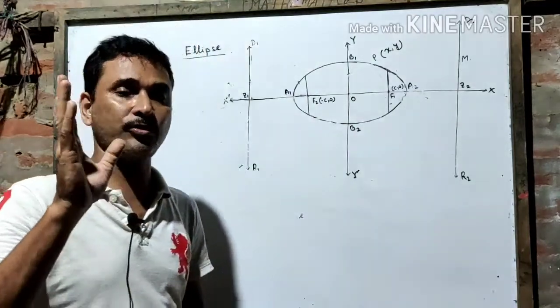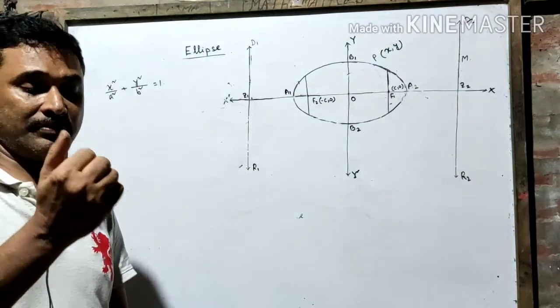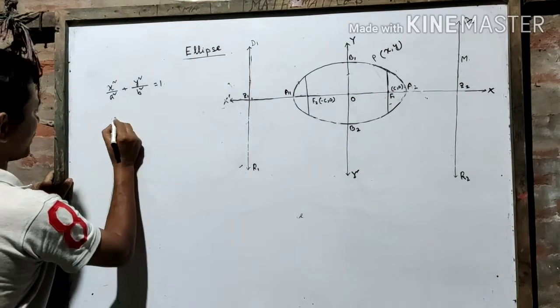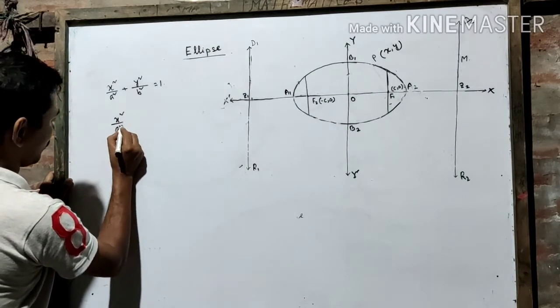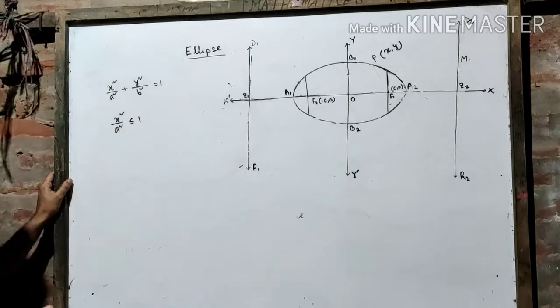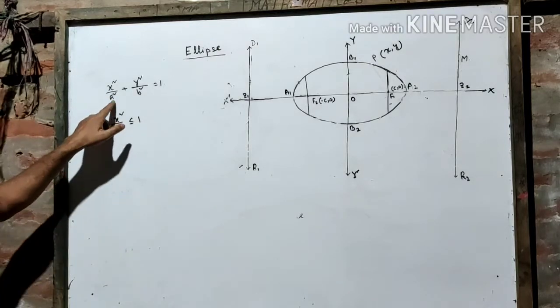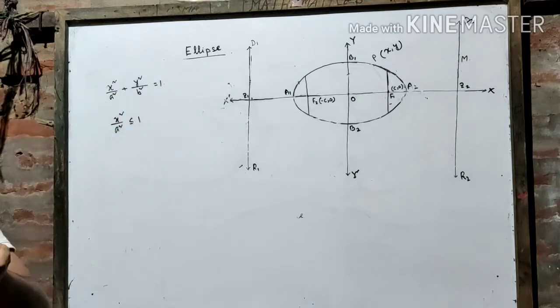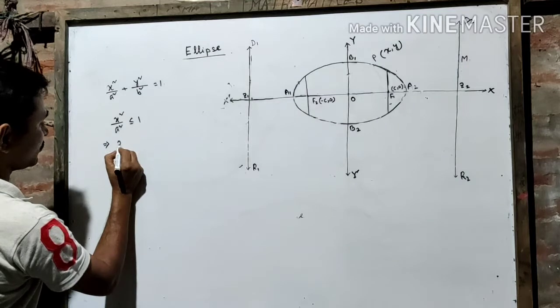Their maximum value will be 1 and their minimum value will be 0. So we can say that x square by a square is less than or equal to 1. Do you understand this? Both are non-negative quantities and their sum is 1, so both of them must be less than or equal to 1.